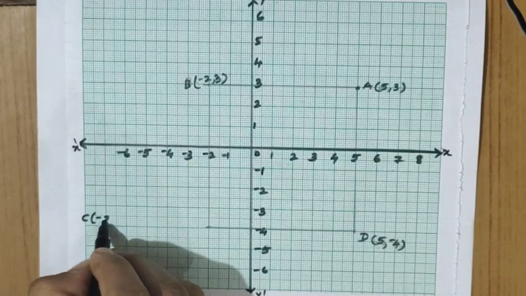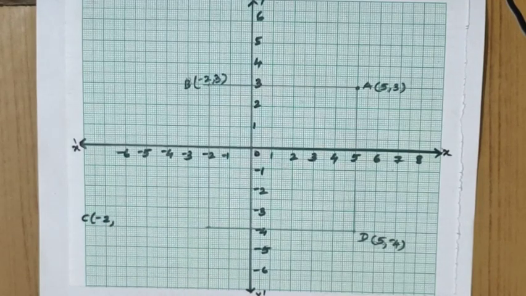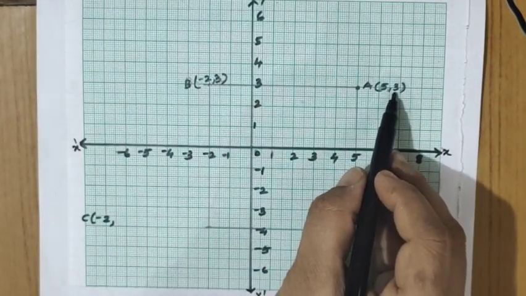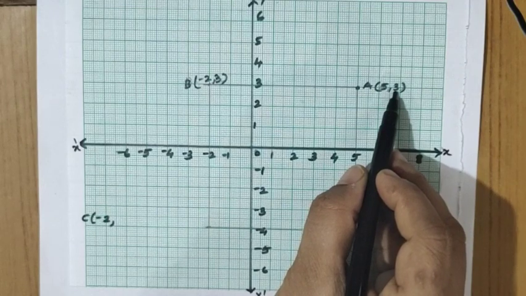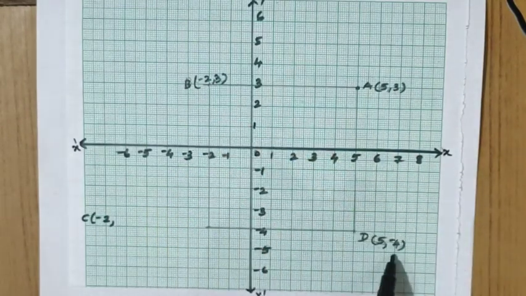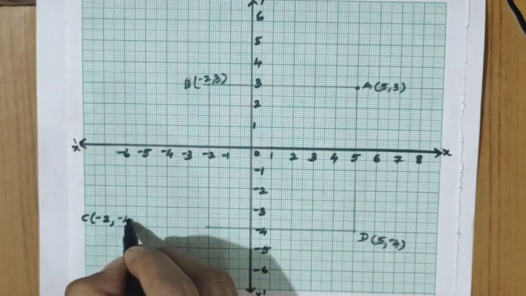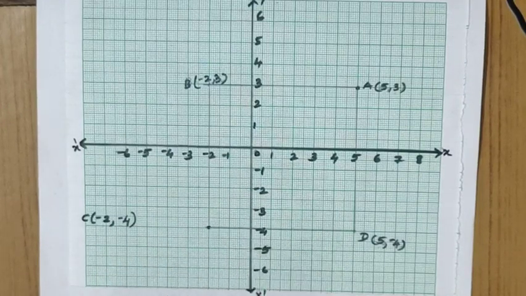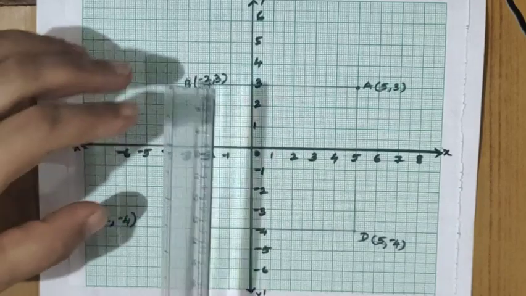Now you see the line AB. The y value, or ordinate, is 3, and B also has 3. What is the ordinate here? It is -4, so here also -4. The point is -2, -4. So we can complete the diagram now.